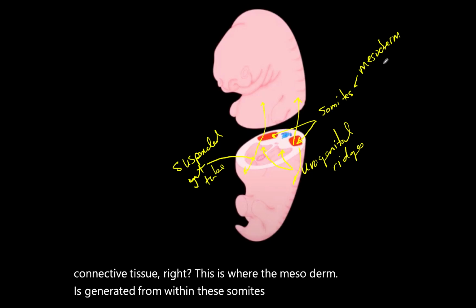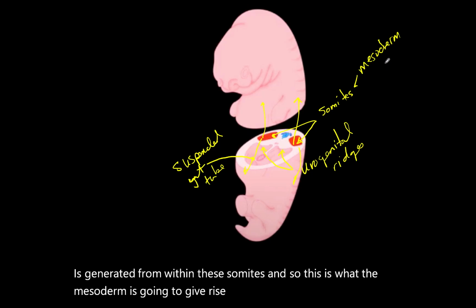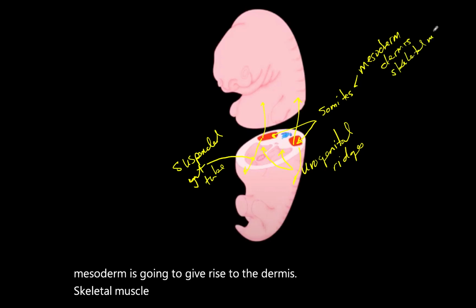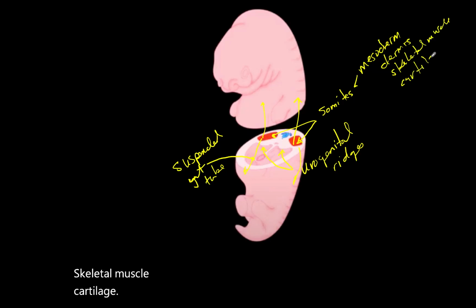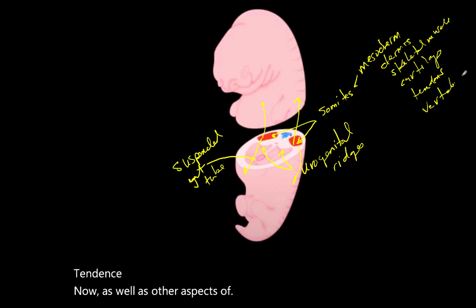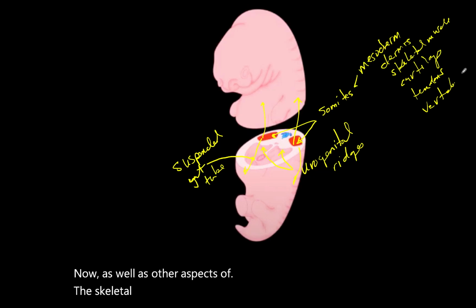The mesoderm is going to give rise to the dermis, skeletal muscle, cartilage, tendons, vertebrae, as well as other aspects of the skeletal system, other connective tissues.